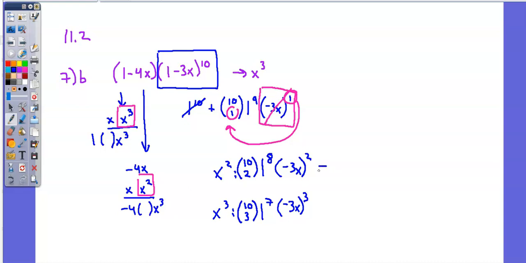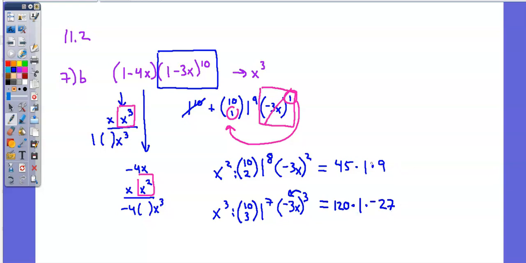Equals 10 choose 2 is 45, times 1 to the power of 8 is 1, times negative 3 squared is positive 9. Similarly, for the x cubed term, 10 choose 3 is 120, times 1 to the power of 7 is 1, times negative 3 to the power of 3 is negative 27.